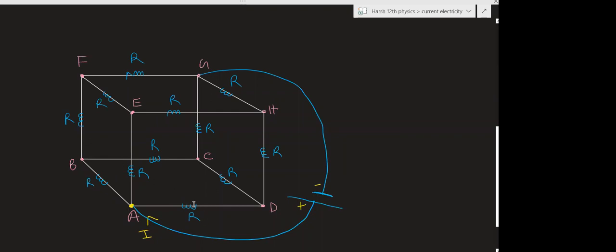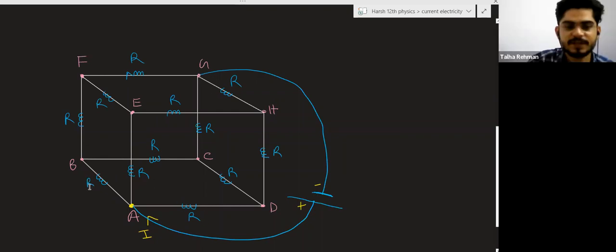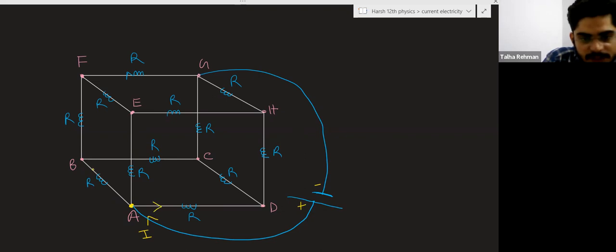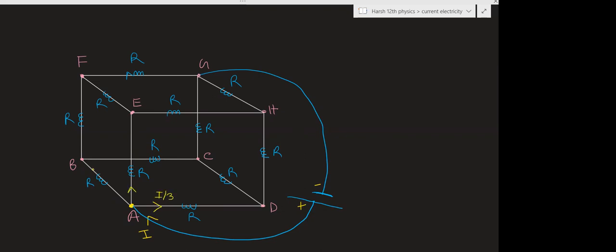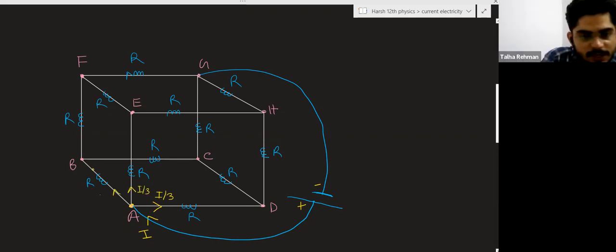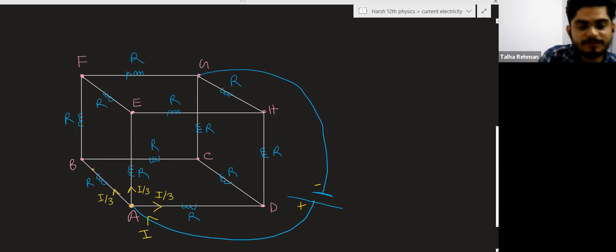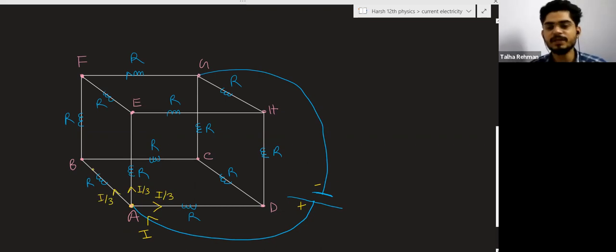So accordingly the current will divide. In this branch the current will be I by 3, here also I by 3, and here also I by 3. Why I by 3? Because the resistances are equal, so the current will divide equally.